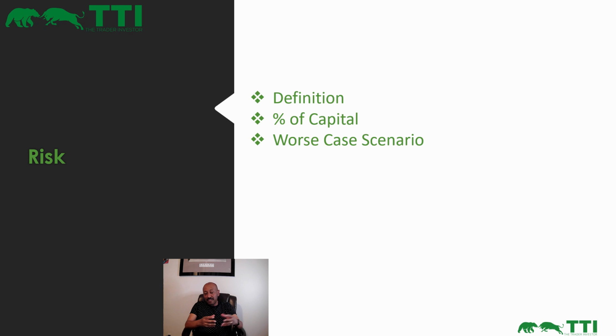Let me just address real quick what I mean by over leverage. If you have a $50 stock and you have a $5,000 account, you can buy 100 shares, right? Instead of buying 100 shares, you can also buy a smaller amount of shares. But let's just say you're going to stick with buying 100 shares using all your capital.